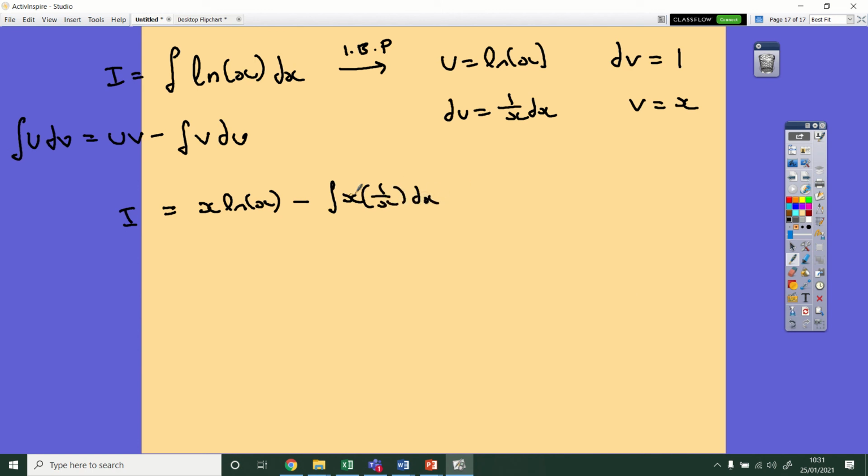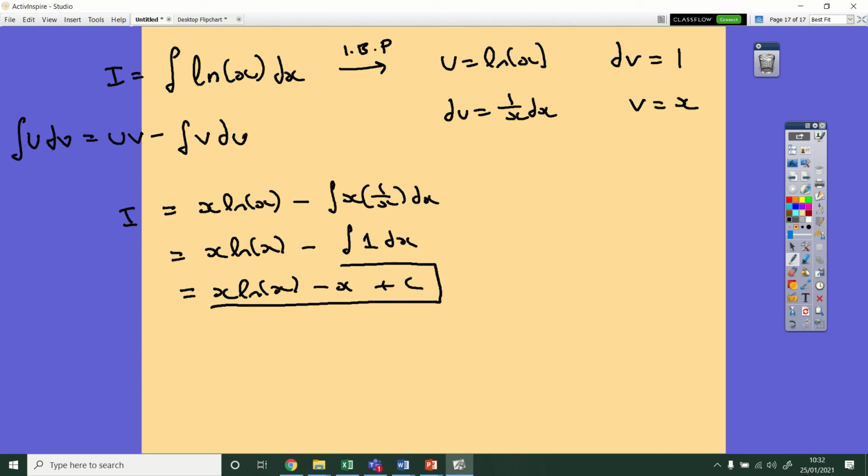Okay, and that's good because x times 1 over x makes 1. Okay, or just dx if you like. And the integral of 1 is just x. Okay, so here we have the antiderivative of ln of x.